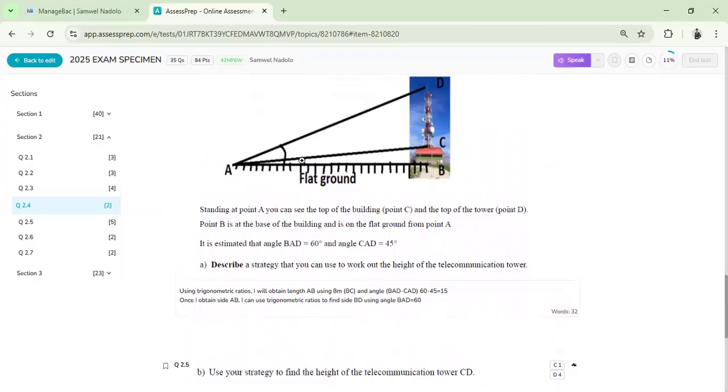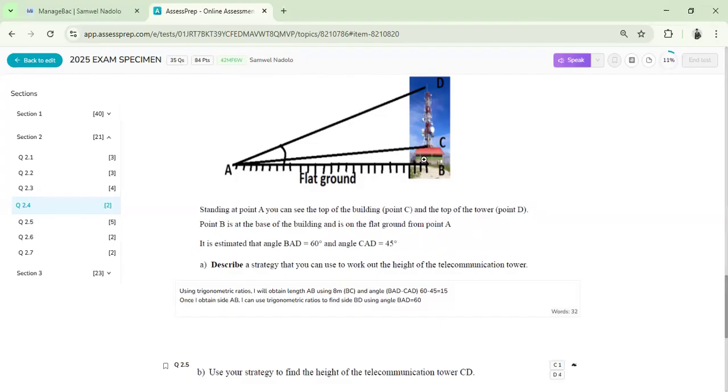The angle here, angle BAC, is faced by side BC. So side BC is opposite that angle, and side AB is adjacent to that angle. So which of the three trigonometric ratios are we going to use? The one that has opposite and adjacent. You realize that that is TOA. So we'll say tan 15 is equal to opposite, which is BC, divided by AB.